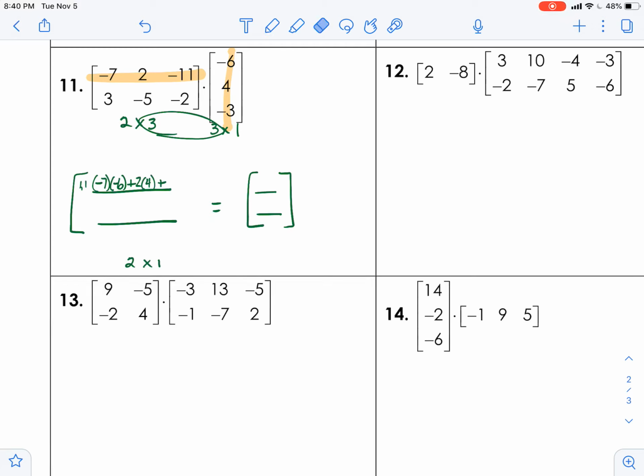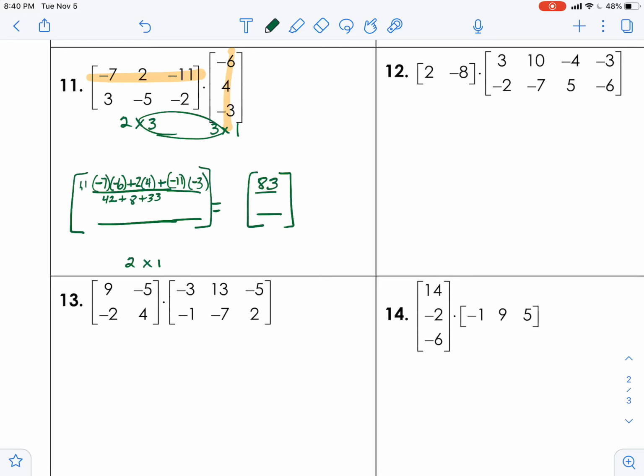Let me get rid of that. Plus a -11 times a -3. That does, to write it all down. Okay. Whew. So I've got 42 plus 8 plus 33. So 42 and 8's 50 and 33, so 83.